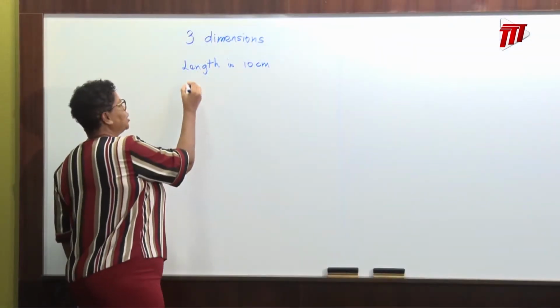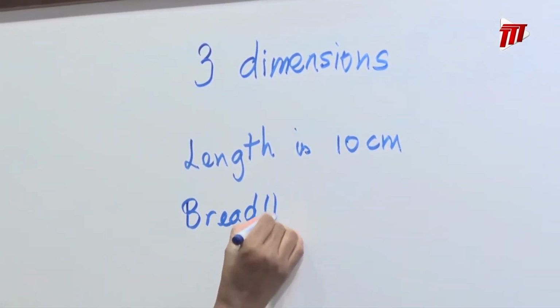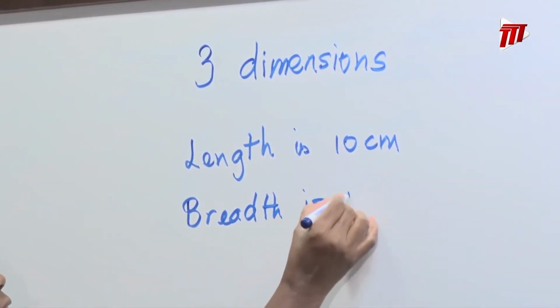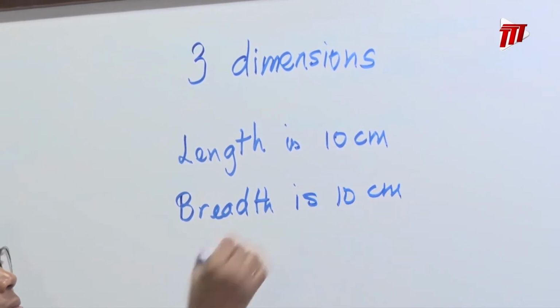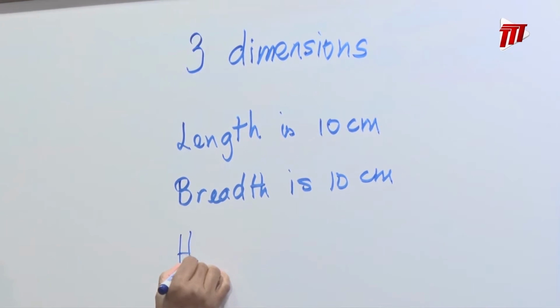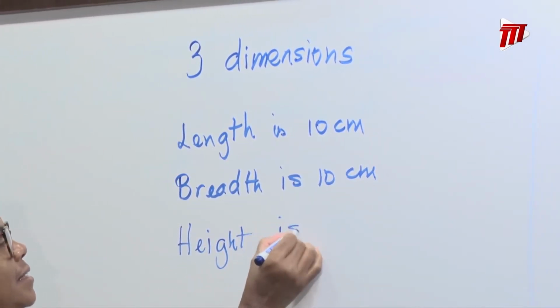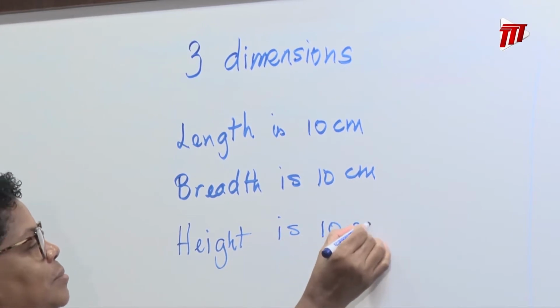The next dimension is the breadth. The breadth is 10 centimeters. And the third dimension is the height. And the height is 10 centimeters.